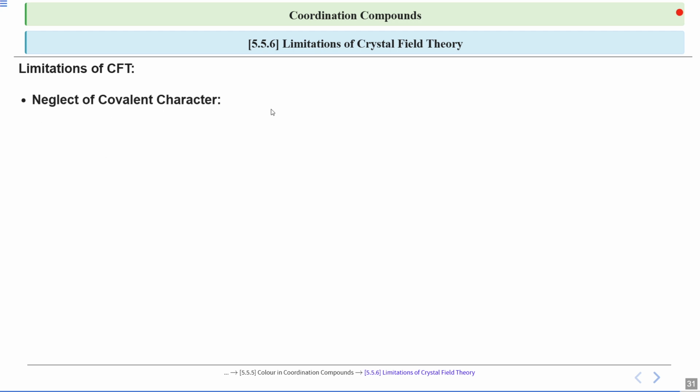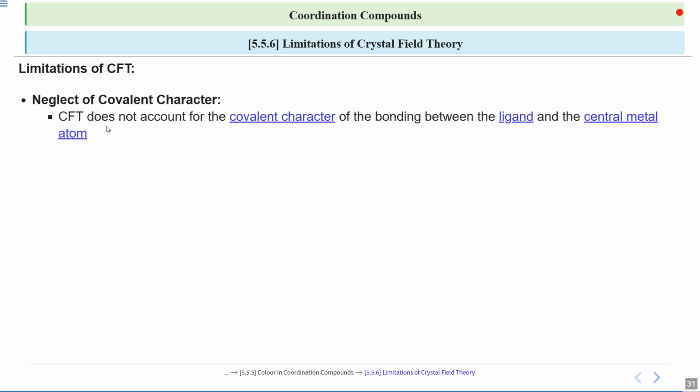Neglect of covalent character. CFT, or crystal field theory, does not account for the covalent character of bonding between ligand and central metal atom. Crystal field theory doesn't talk about this, doesn't explain this.